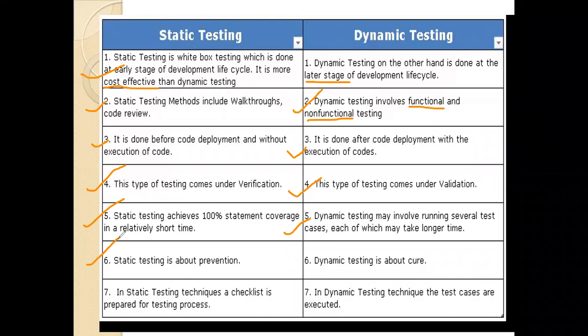So you are going to prevent upcoming errors in your product. That is why static testing is required. Whereas dynamic testing is about cure. Cure means something has gone wrong and now you are going to work on it.